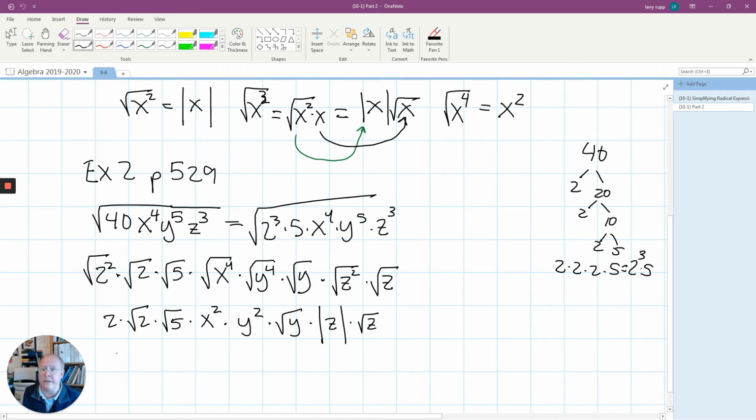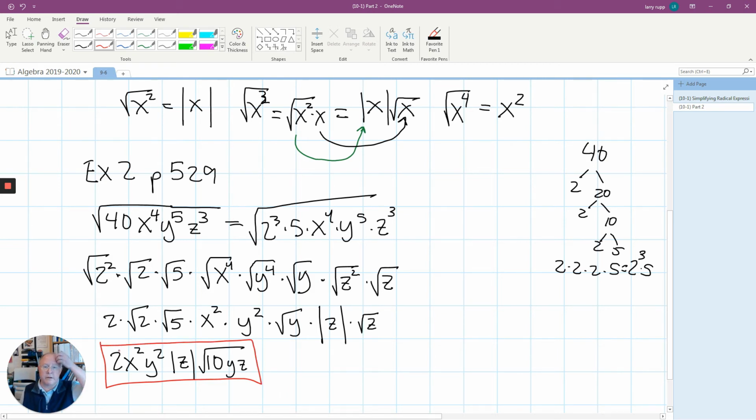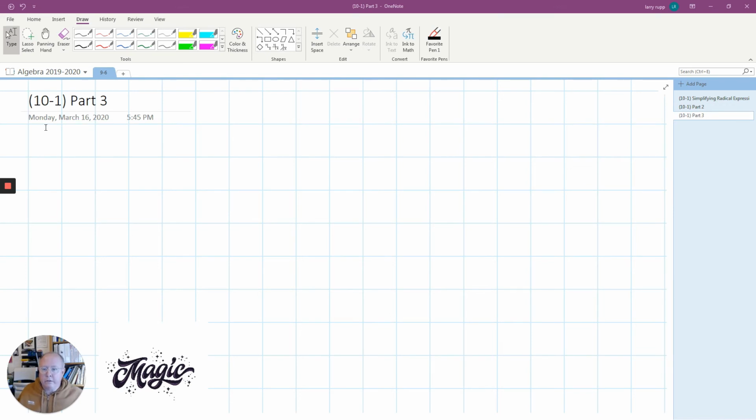So look at how I arrange this answer. 2x squared y squared, absolute value of z, times the square root of 2 times 5 is 10, and we have a leftover y and z. Okay? And there is your answer.